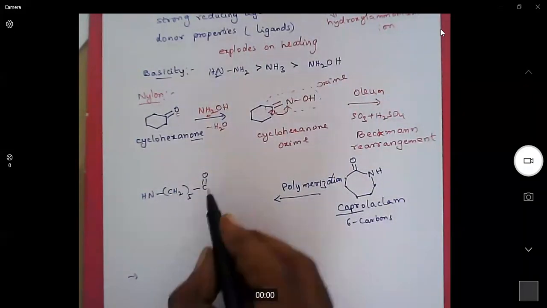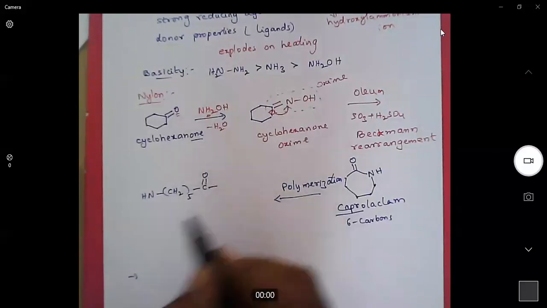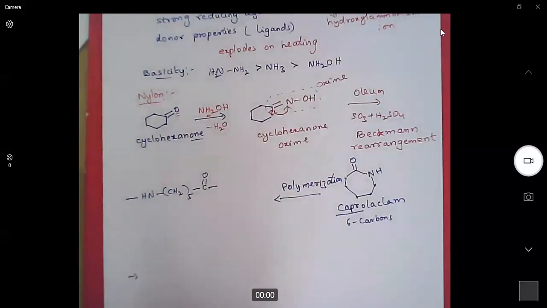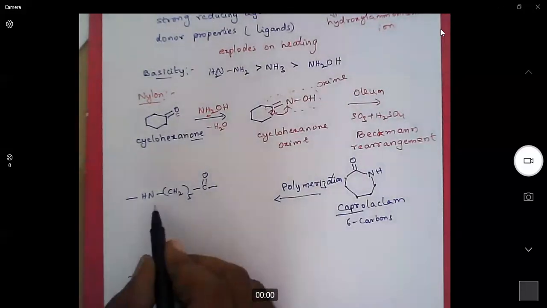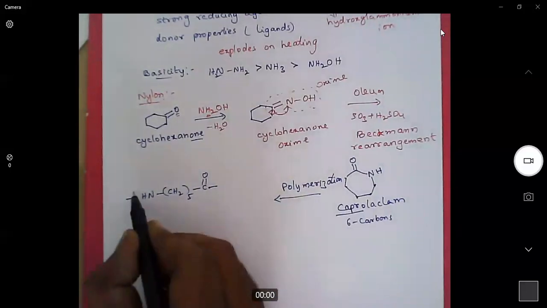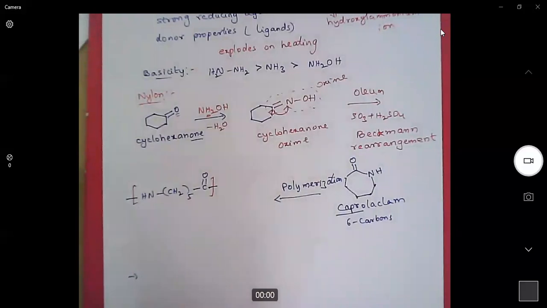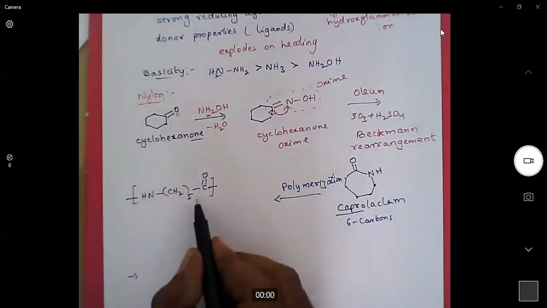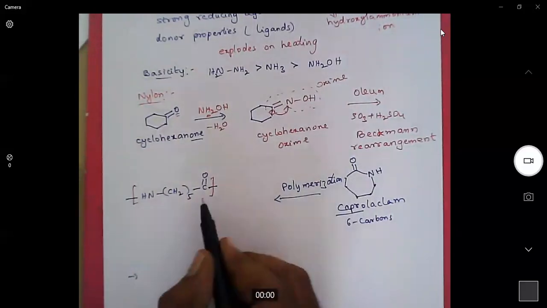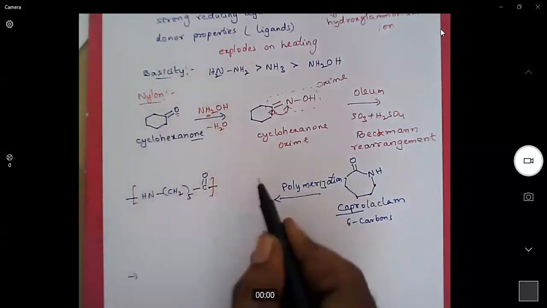Now we cannot write the complete structure of a polymer. So to make it simple, we will recognize one monomer and put square brackets. What does it mean? This is a repeating unit, and after this again there will be many such monomer units.